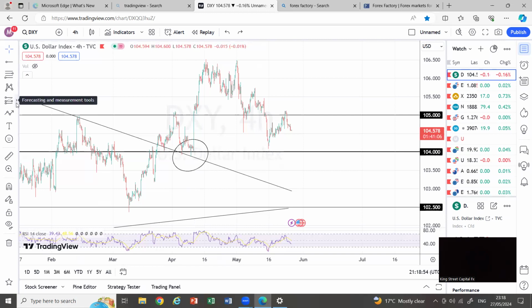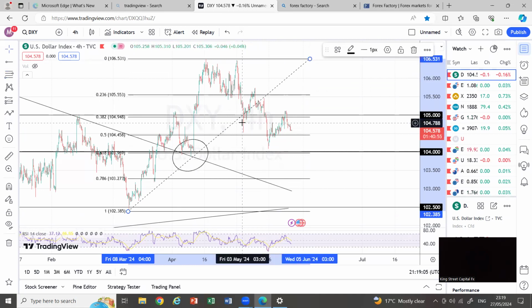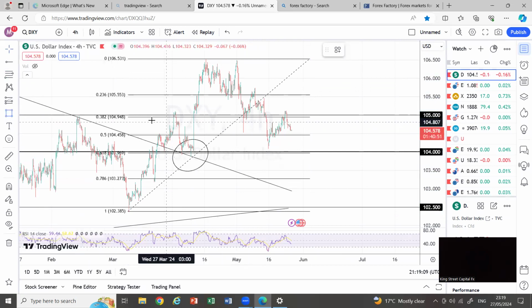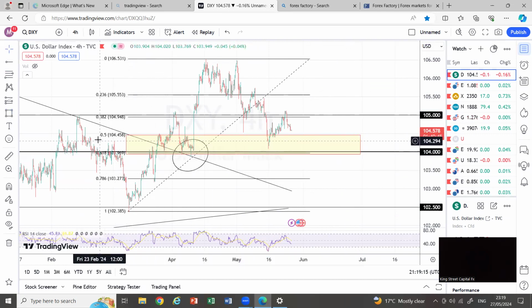So we would look at that as if we take the FIB tool, we'll see 0.5618 exactly. So this is my sweet spot when I use the FIB tool, between 0.5 and 0.618.